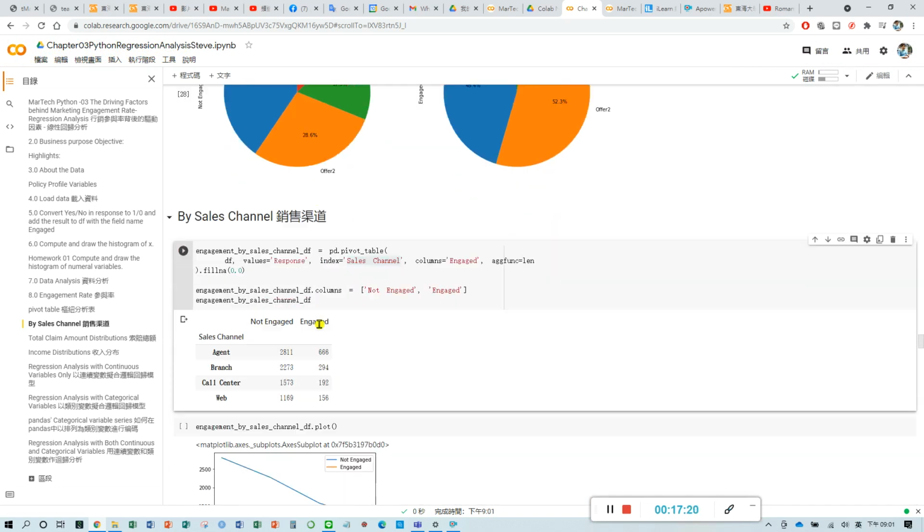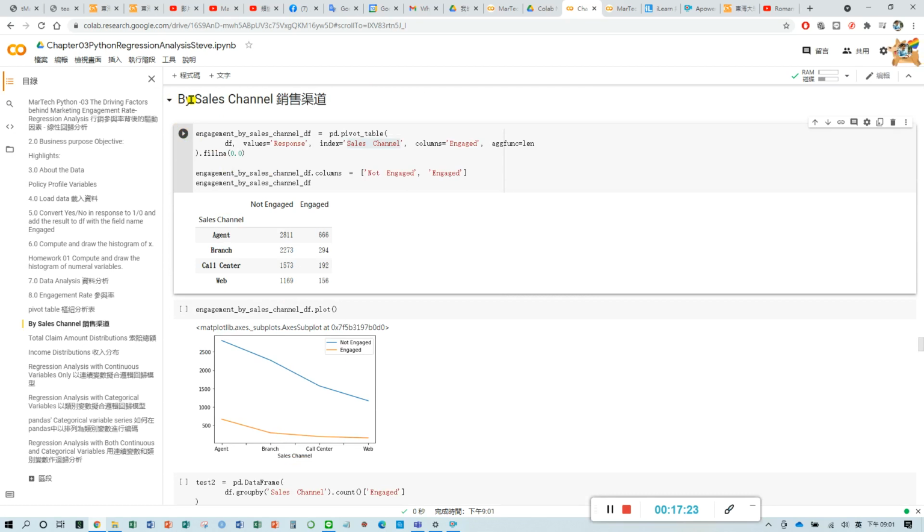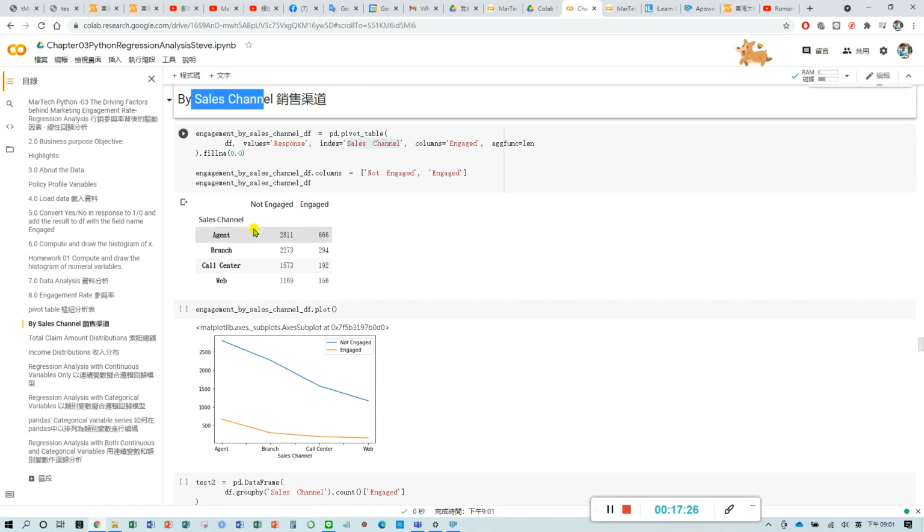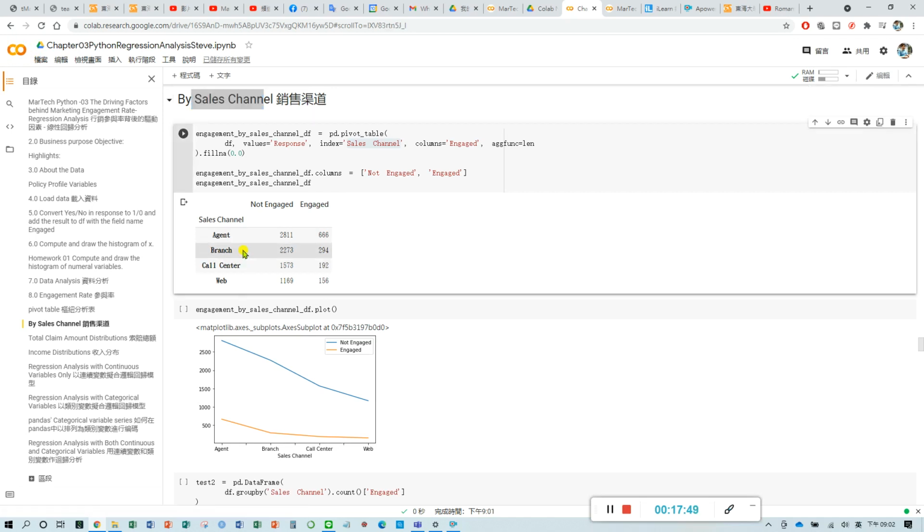We investigate the sales channel. There are also 4 sales channels. They renew by agent, 代理商, branch, 分公司, or they may have a phone call center, or maybe they use the website to renew their offer. So you may see the distribution for different sales channels.